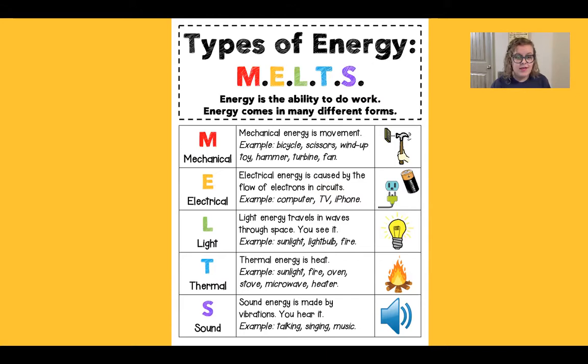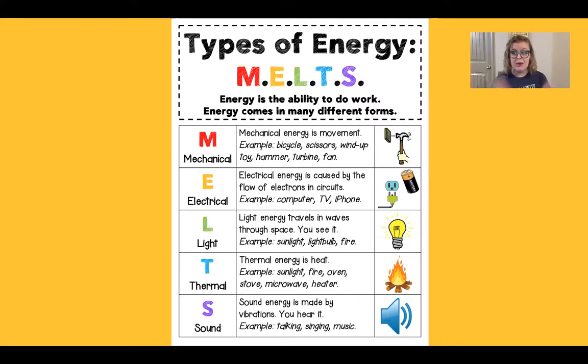And then we have L is light energy. Light energy is exactly what it sounds like. It's light. So sunlight, light from a lamp, light from a light bulb in your house, all of that is light energy. Thermal energy is heat.